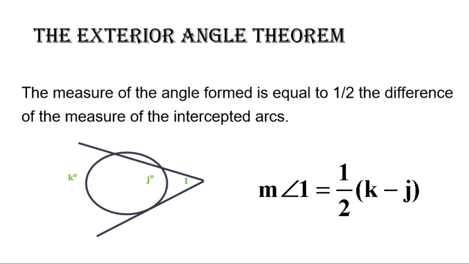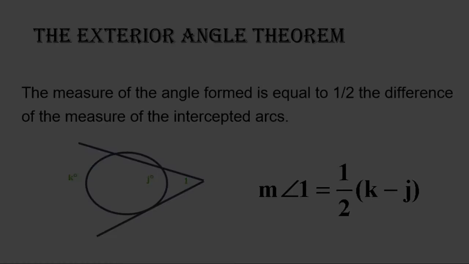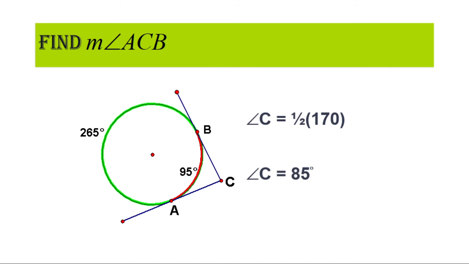Okay, so for some examples, we are given the measurements. We need to find the measurement of angle C. For the first arc, we have arc BA, which is equal to 95 degrees.